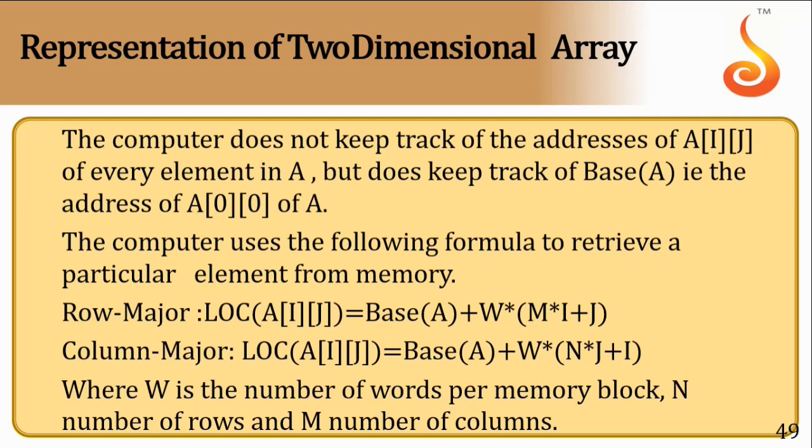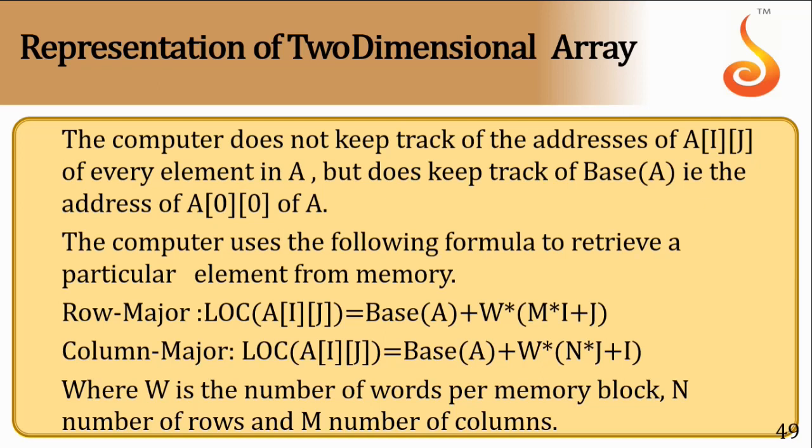The base address is nothing but the address of the first element. That is, if it is a 2-dimensional array, the address of A of 0, 0 would be the base address. And array name is a constant pointer which points to the base address.